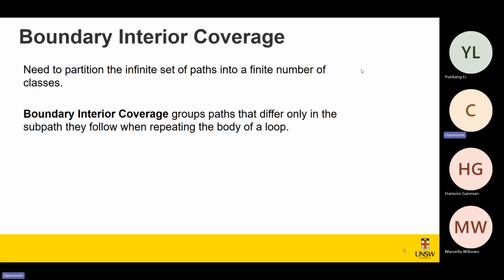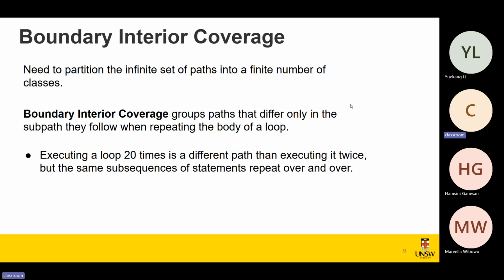Inside the body of a loop, there could be different subpaths, right? Because of the branches inside the loop. We can group the paths that have the same subpaths inside loops together as one group or one class. Then we can select a representative path from each group for testing.